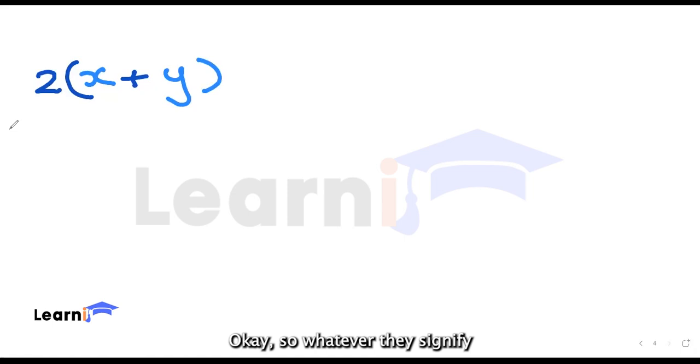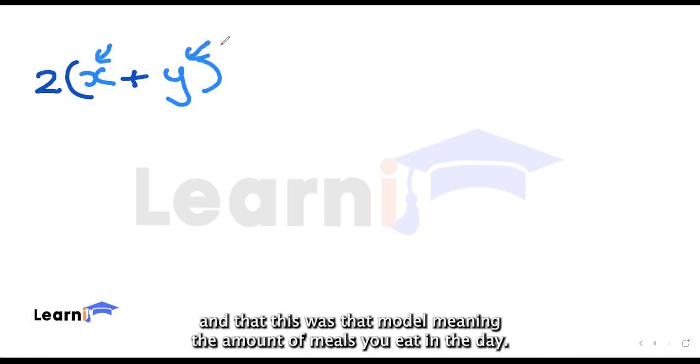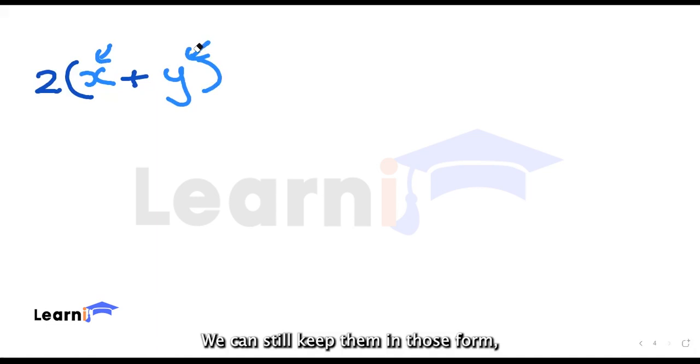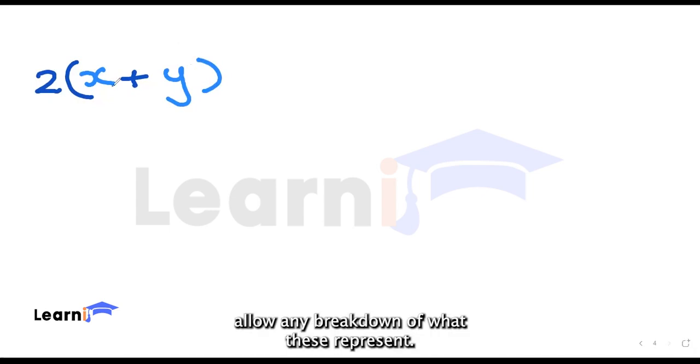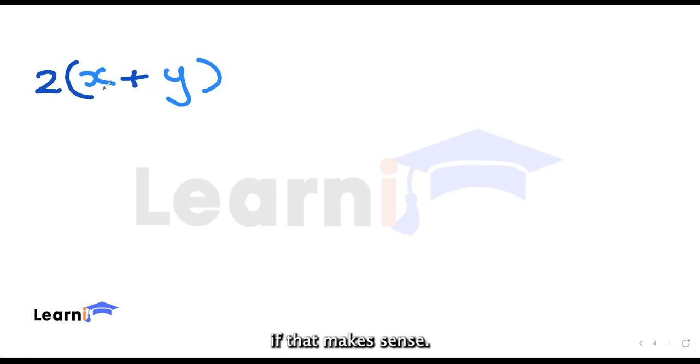Whatever they signify in the real world, like for example, we said that this was the length of day and that this was the amount of meals you eat in a day, we can still keep them in that form and use the distributive law in such a way that we do not allow any breakdown of what these represent. They're mathematically preserved, if that makes sense.